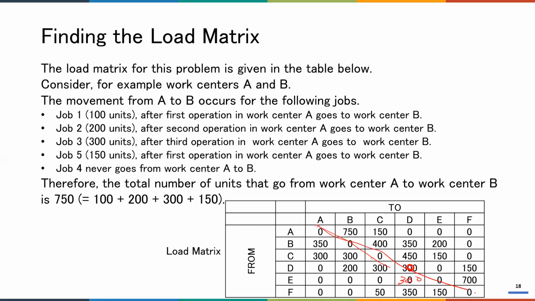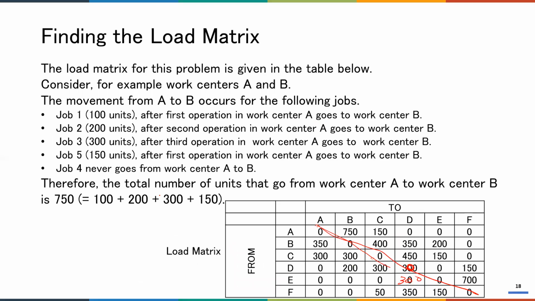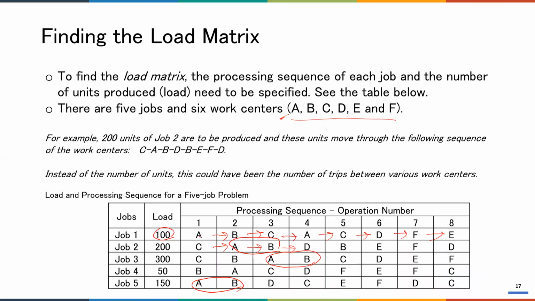So it should be like this. It should be 0 0 0 0 from A to A, B to B, and then we check A to B first. So A to B will be 100 plus 200 plus 300 plus 150. Okay, so 100, 200, 300, 150, 750.